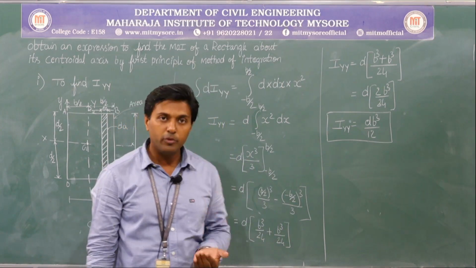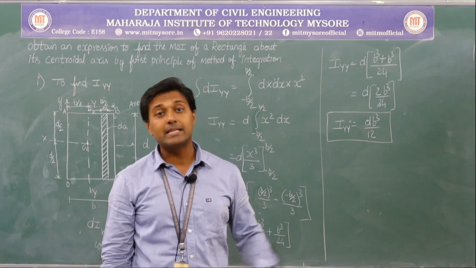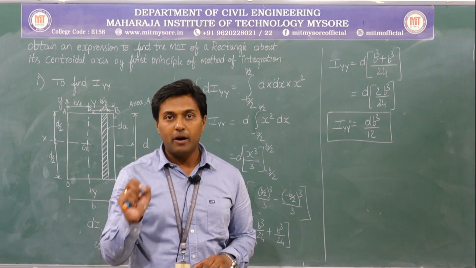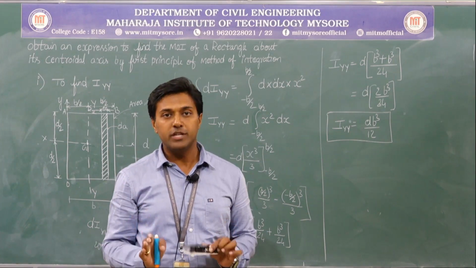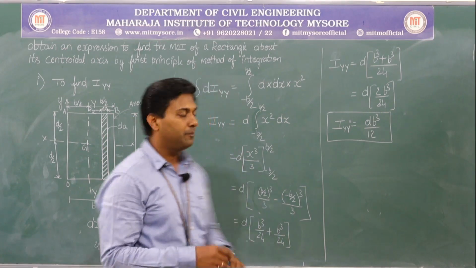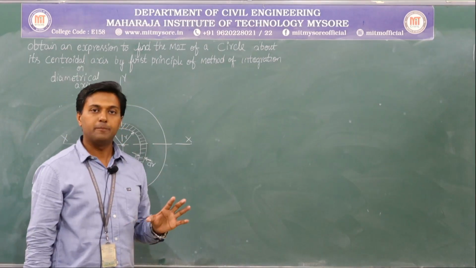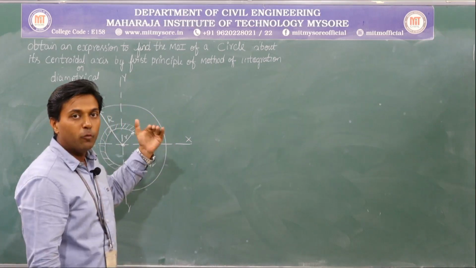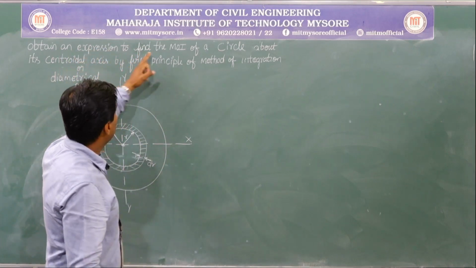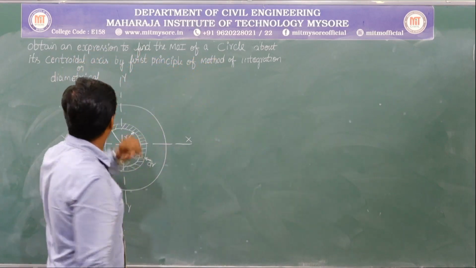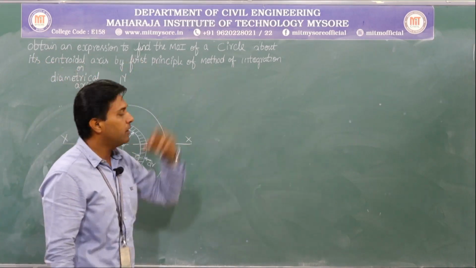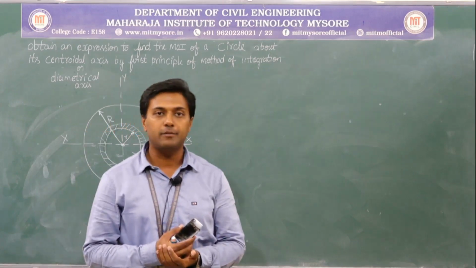Now we'll move on with one more derivation, that is the circle. Find the moment of inertia of a circle about its diametrical axis using the first principle or by the method of integration. So we'll start now. Obtain an expression to find the moment of inertia of a circle about its centroidal axis or diametrical axis by the first principle or by the method of integration.